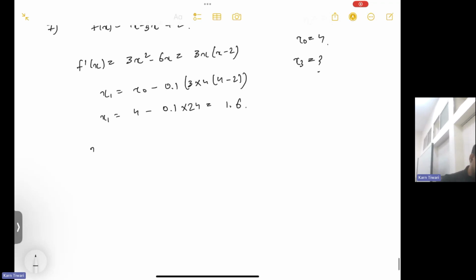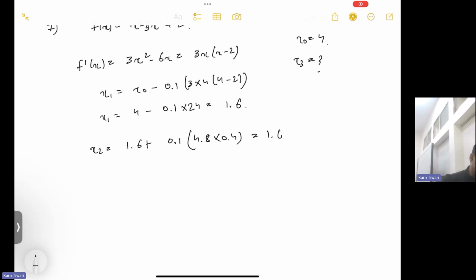For the second iteration, x2 will be 1.6 minus 0.1 times 3 times 1.6 times 1.6 minus 2. 1.6 minus 2 is minus 0.4, so the minus becomes plus.